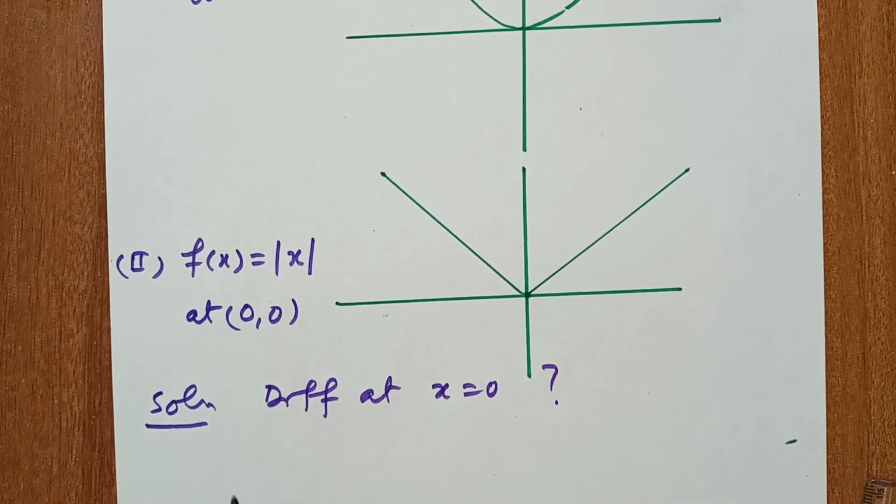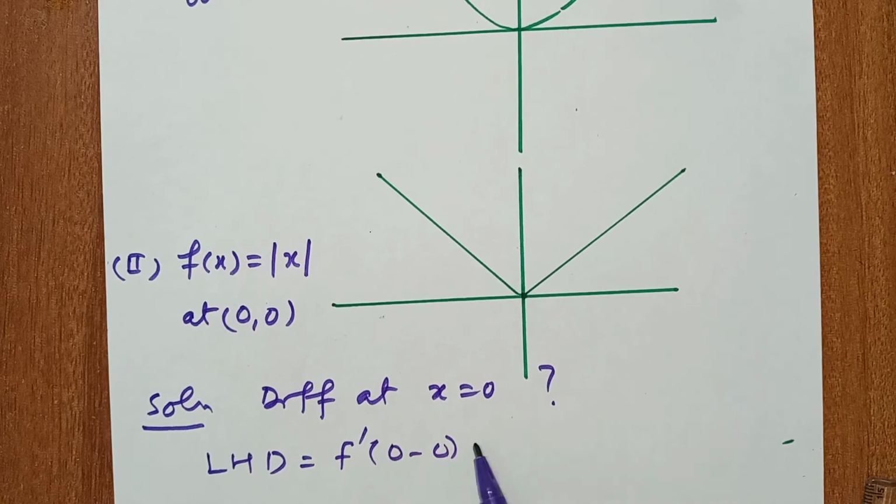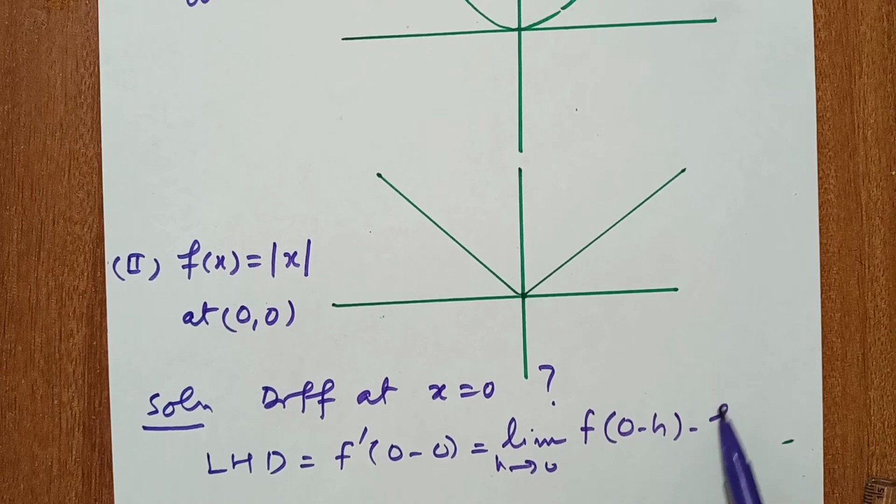First we find the left hand derivative f'(c - 0), where c is nothing but 0.